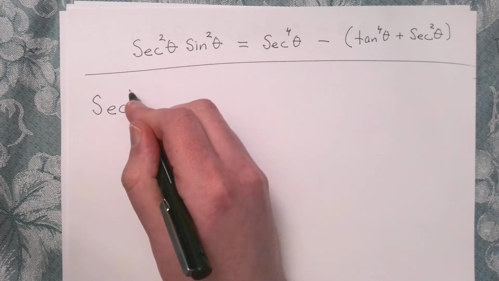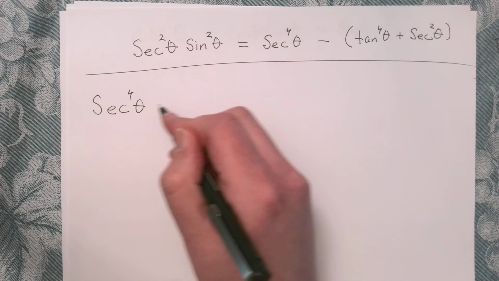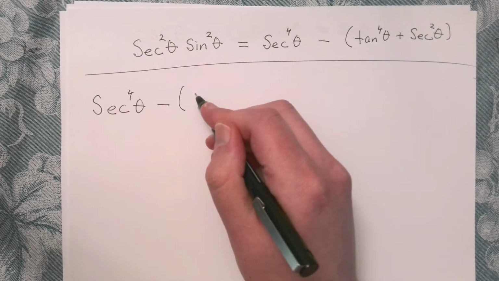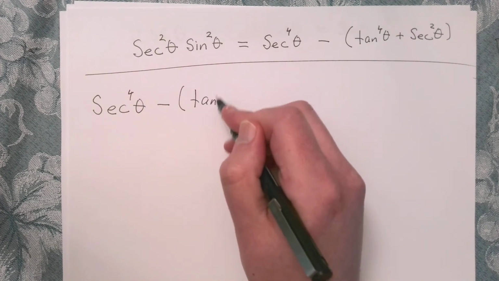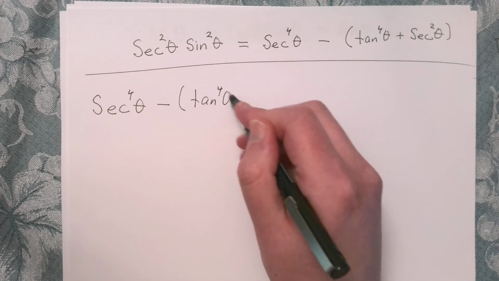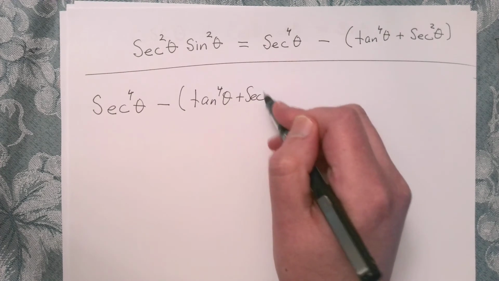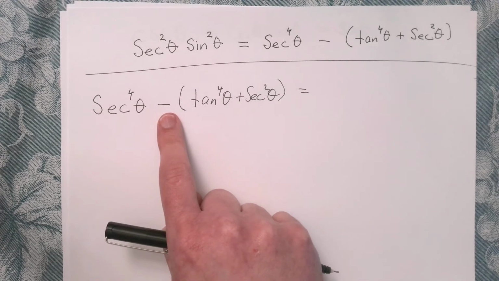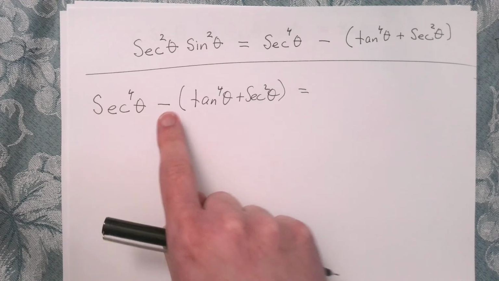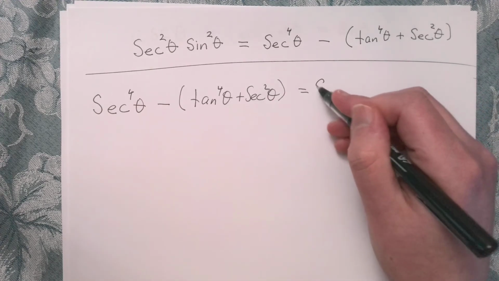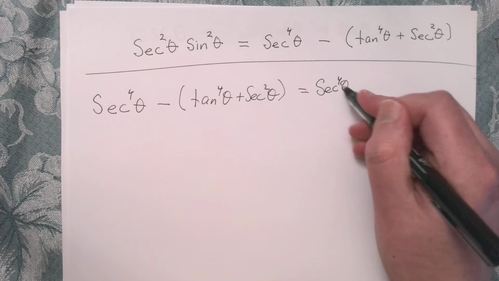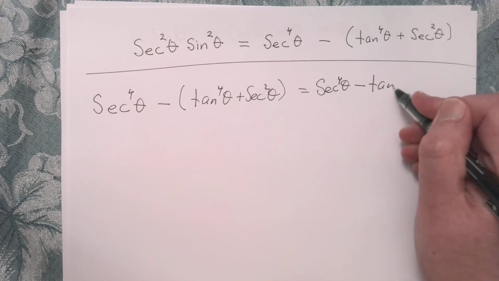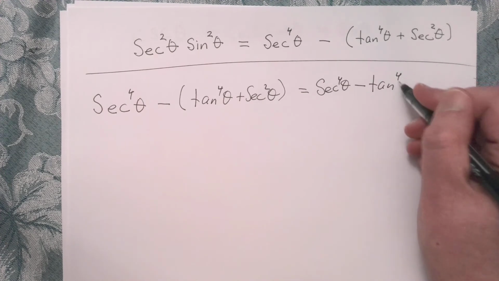So I've got secant to the fourth of theta minus tangent to the fourth of theta plus secant squared of theta. Let's try distributing this negative, right? Let's multiply through by this -1. So that gives me secant to the fourth of theta minus tangent to the fourth of theta.